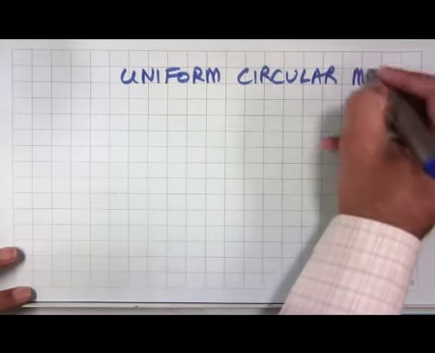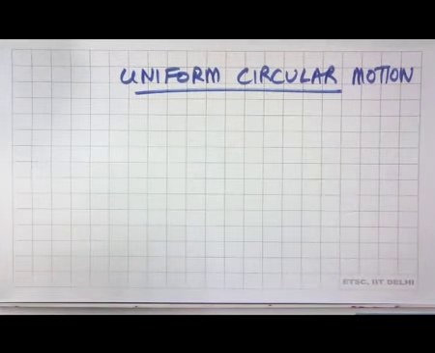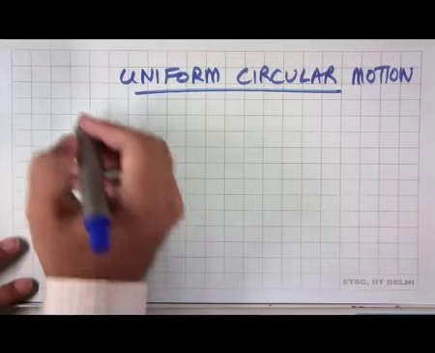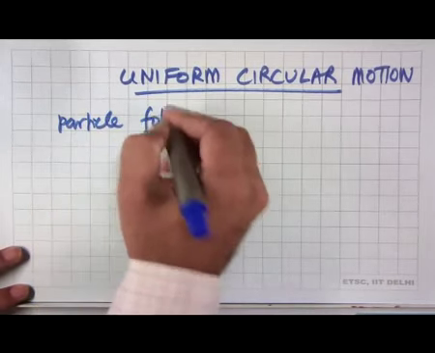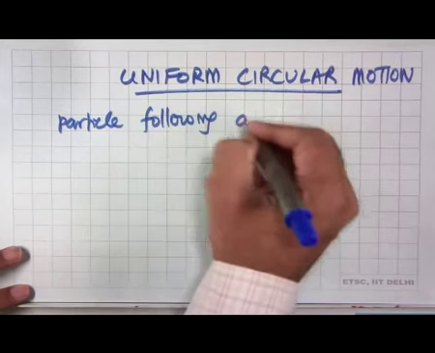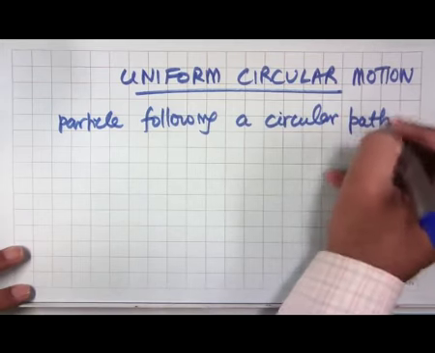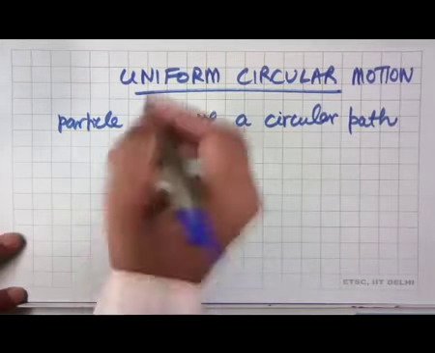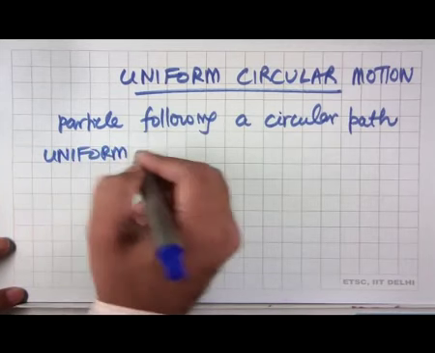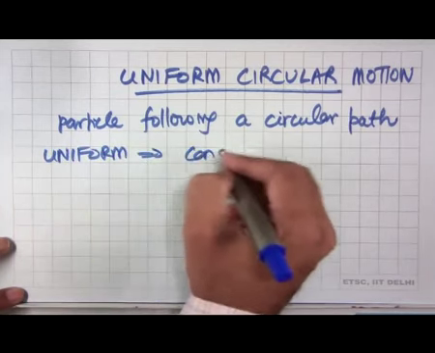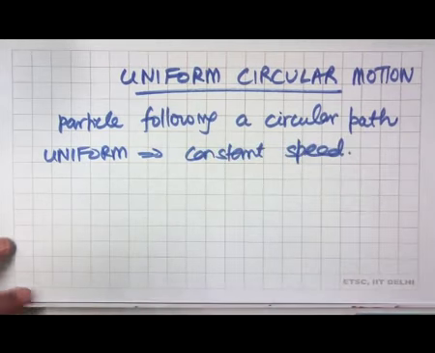So, we look at a particle which is following a circular path, and the word uniform implies that it is moving with a constant speed.